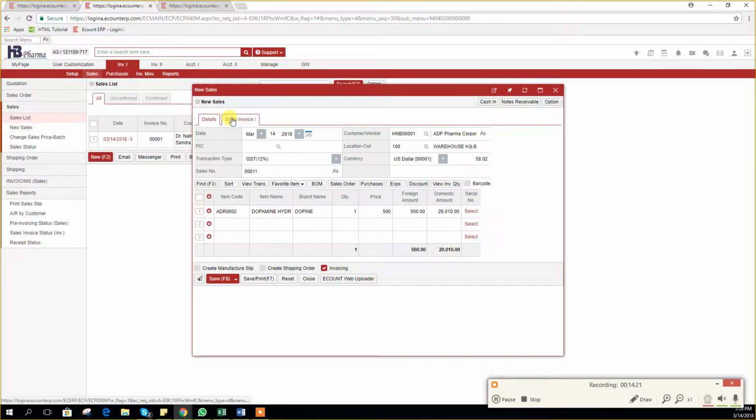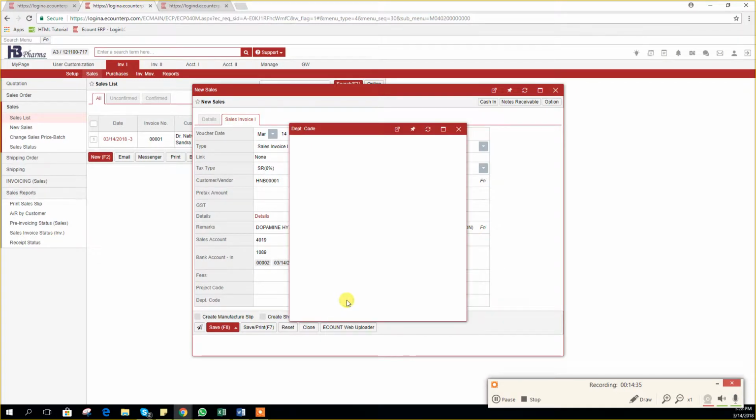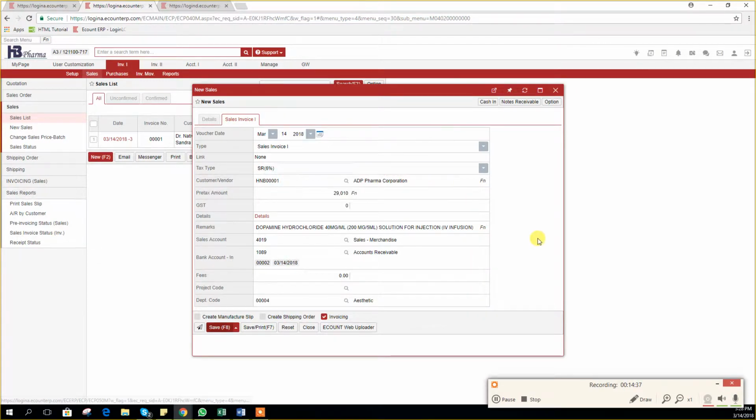So what is going to happen if I save this? Of course, you must put this department code. If not, it's just going to go inside no department. So now let's put a department, aesthetics. All right. So now we are selling your dopamine.